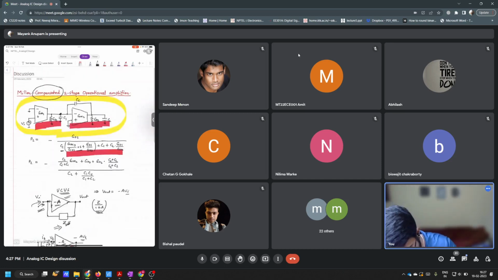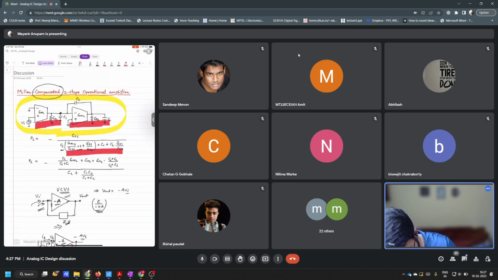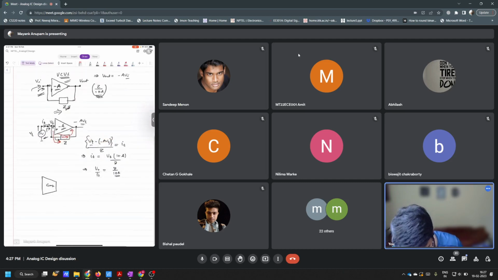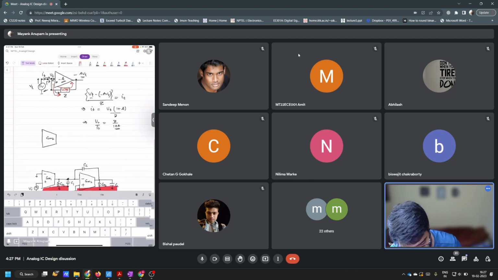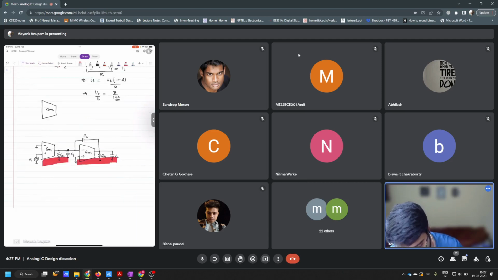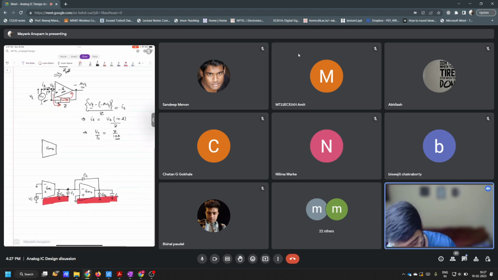Okay, let me copy this figure. So you see, even without this capacitor, we did have an amplifier, right?